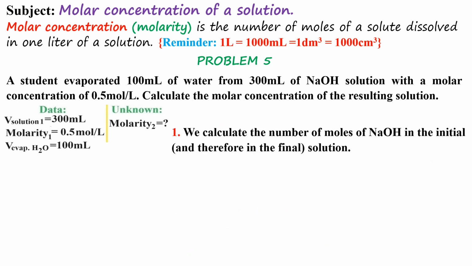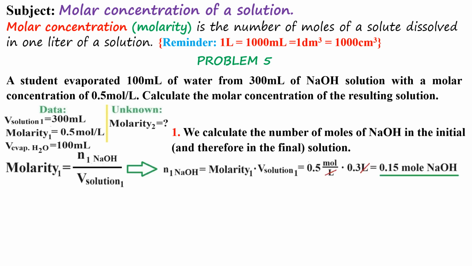Step first, we calculate the number of moles of sodium hydroxide in the initial and therefore in the final solution. Number of moles of sodium hydroxide equals molarity of solution times volume of the solution. In this case, you can see that the liters cancel out here and we get the result in moles.